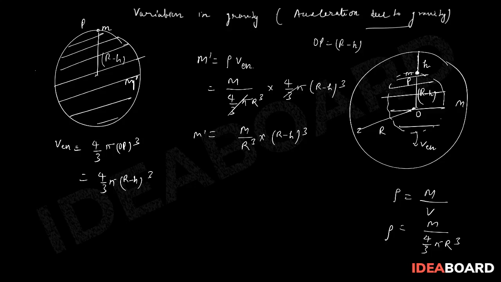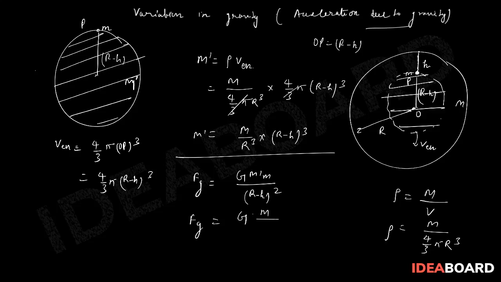Now we can apply F gravitation will be equal to G m dash m upon (r minus h) whole square, right? So Fg will be equal to G, the value of m dash is m by r cube into (r minus h) whole cube, small m upon (r minus h) whole square, correct?